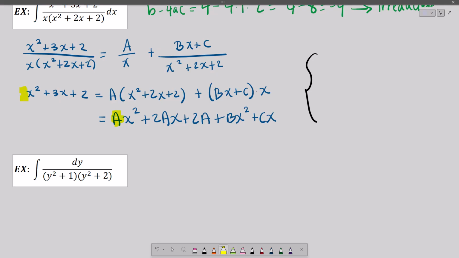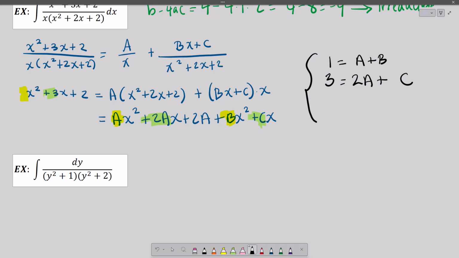Coefficient of x squared over here is a plus b. Coefficient of x on the left is 3. Coefficient of x on the right is 2a plus c.